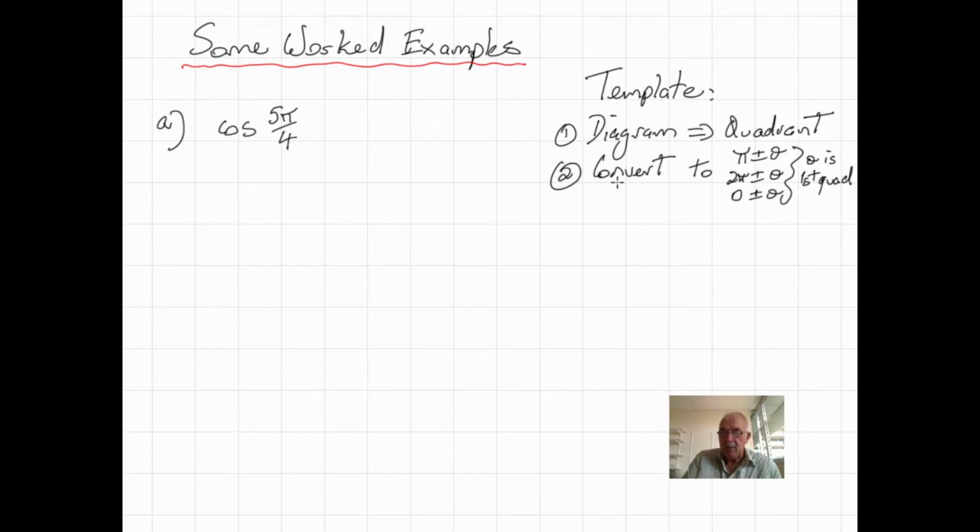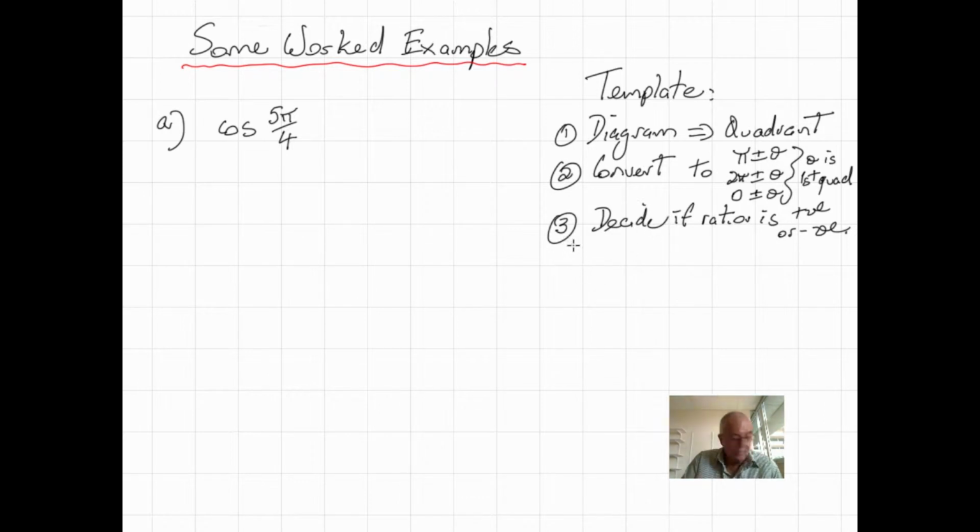I'll just go through the template, then I'll explain how all of these steps work within an example. So the third step is to decide if the trig ratio is positive or negative, and that will be from which quadrant it's in.